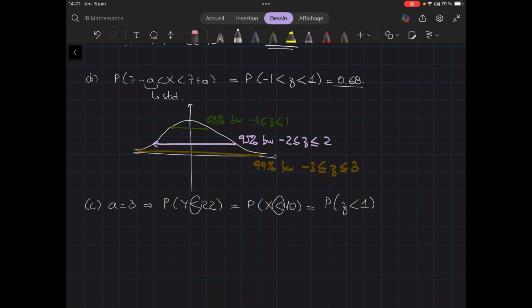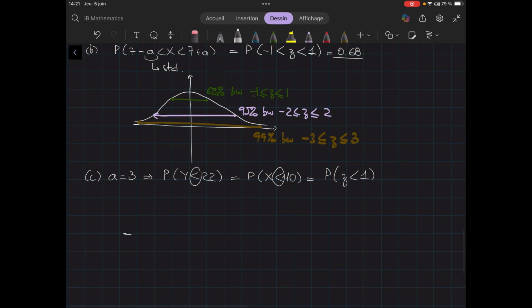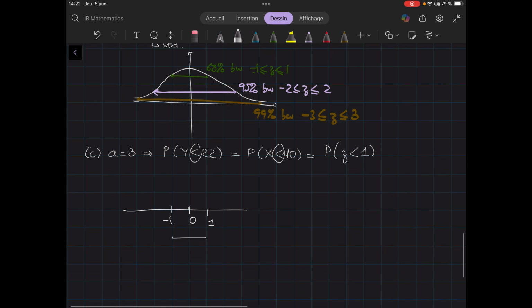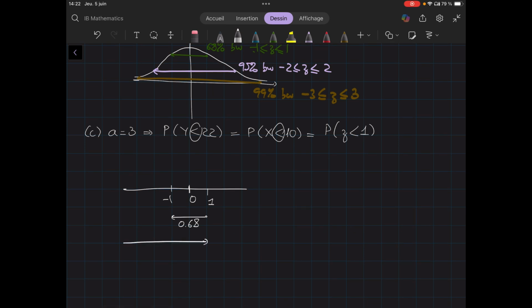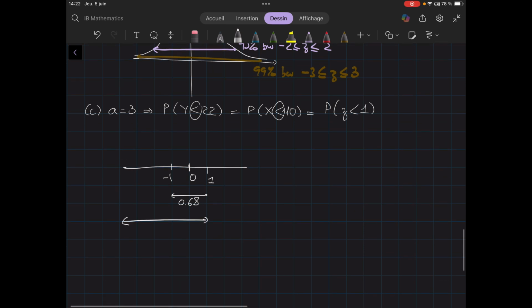We know that 68% of all the data is between z equals -1 and 1. So if we quickly sketch this out, if this is 0, that's -1, that's 1. We know that this part is 0.68, and we are looking for this big part over here. We also know that the entire distribution adds up to 1. If the entire thing adds up to 1, between -1 and 1 is 0.68.